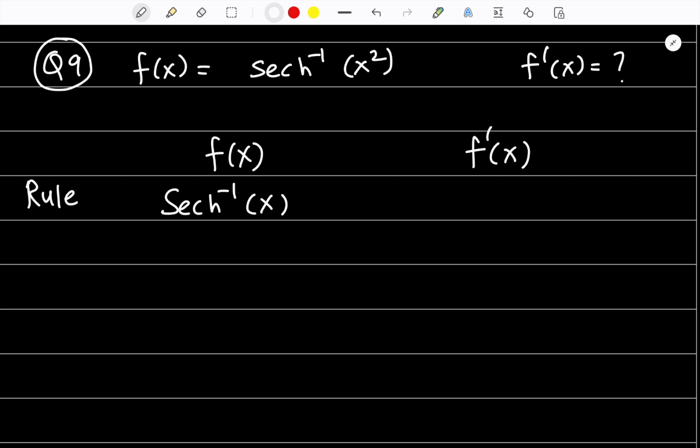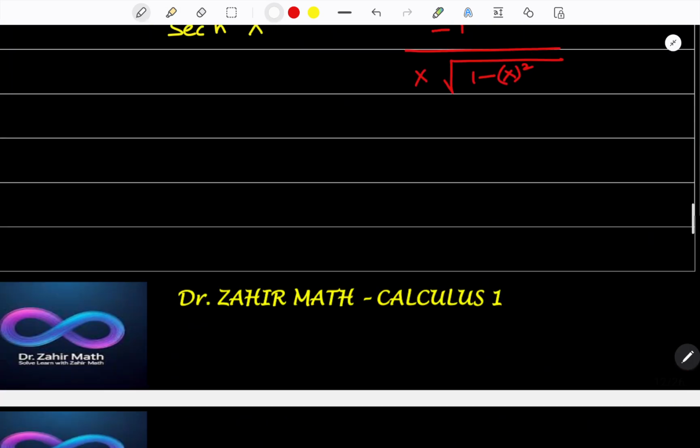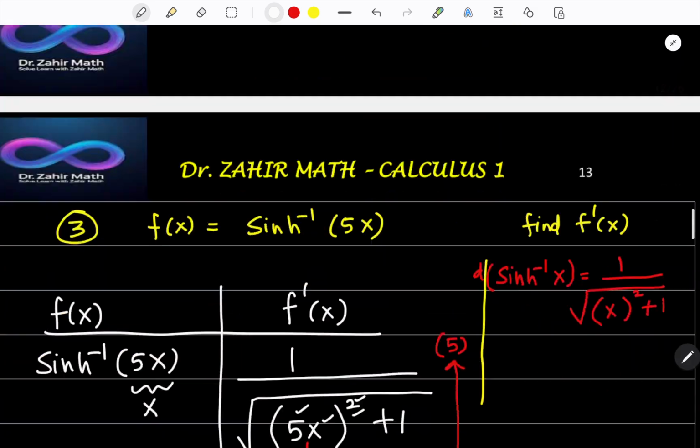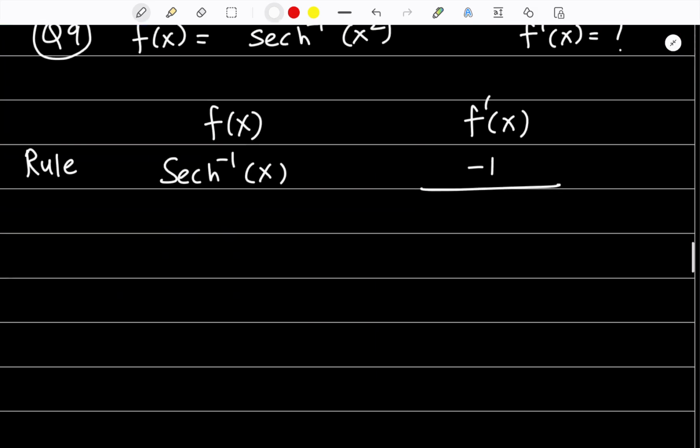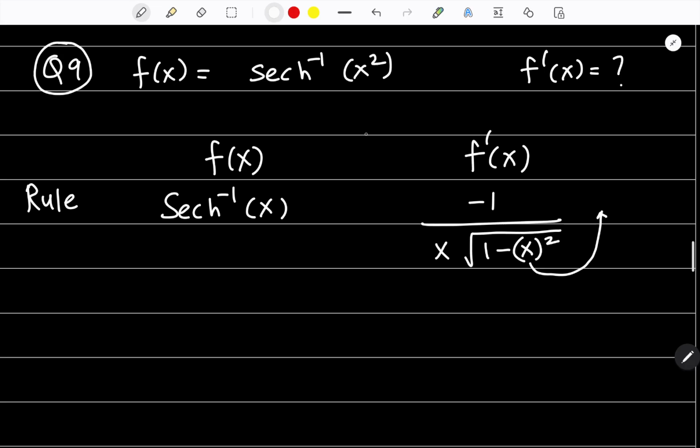Just now I told you, which is equal to minus 1 divided by, did I put minus in the rule? I forgot it. Yes, I put the minus. Minus 1 divided by x times square root of 1 minus bracket x square. This only you need to move derivative. Keep in your mind.